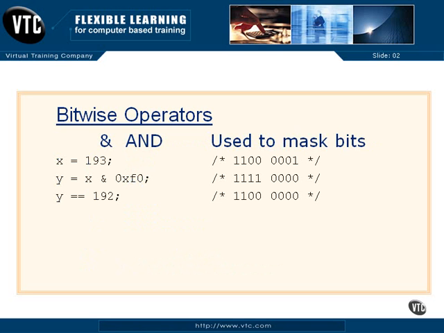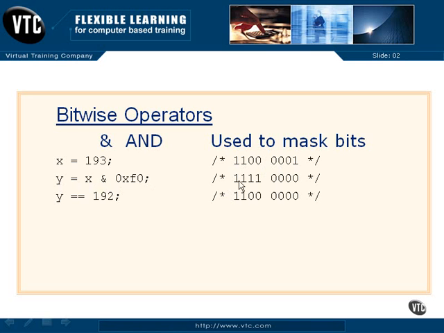So let's say we have X with a value of 193. This is 193 in binary. So these bits are set, 128 and 64, and a 1 down here gives us the value 193 in binary. We're going to have a new variable called Y, set to X ANDed with a hexadecimal value F0.